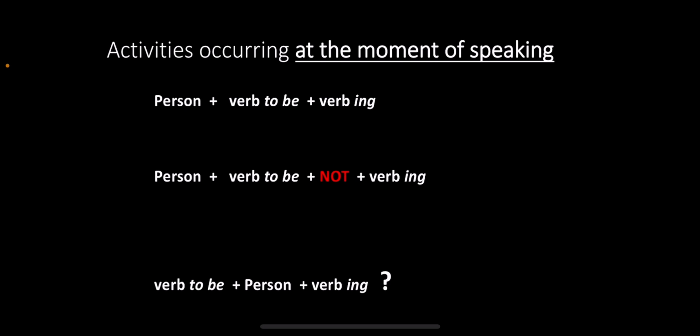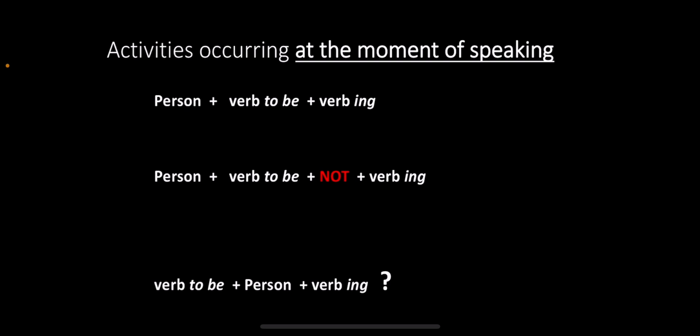So we can say I am, you are, he, she, Maria, my mom, Pedro, is, they are, we are, and you are. And then we include our main verb, the important action, but we put ing, right? That's how we do it, like in the examples before.